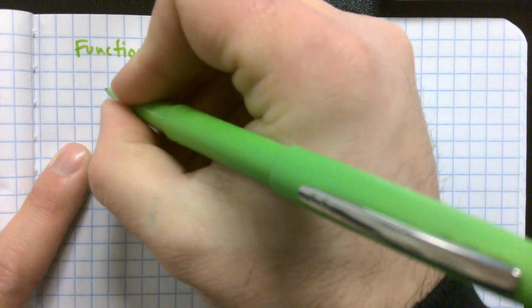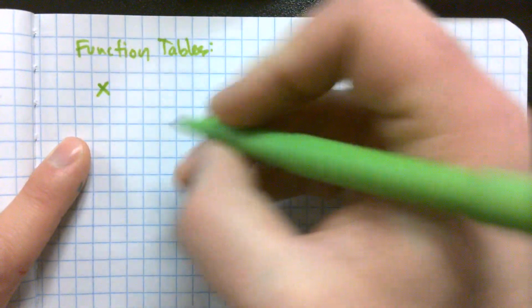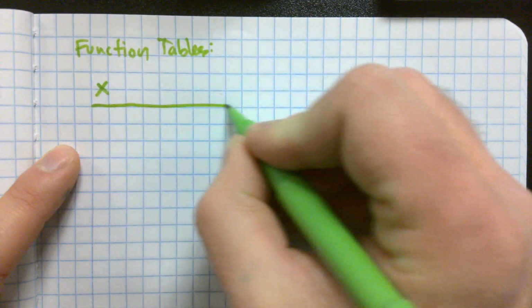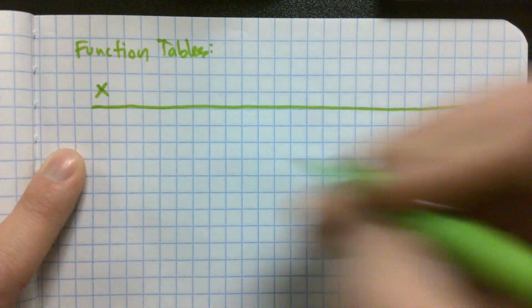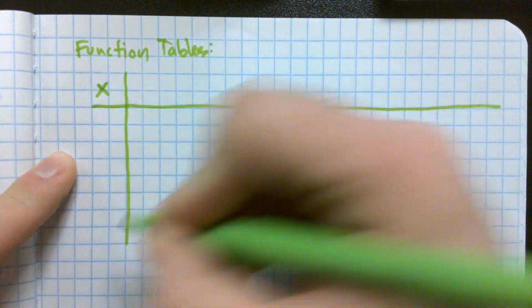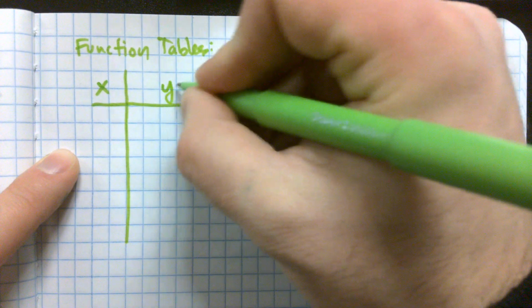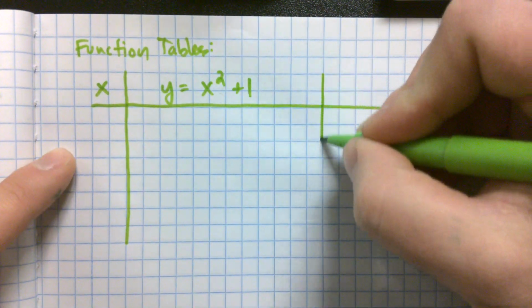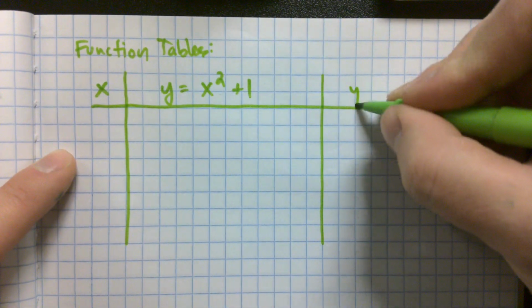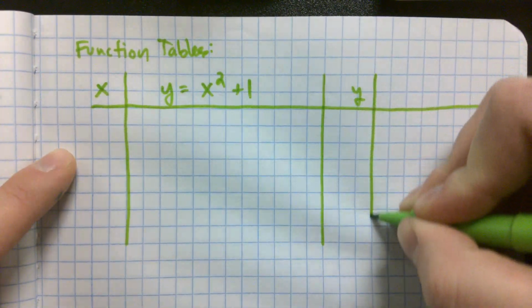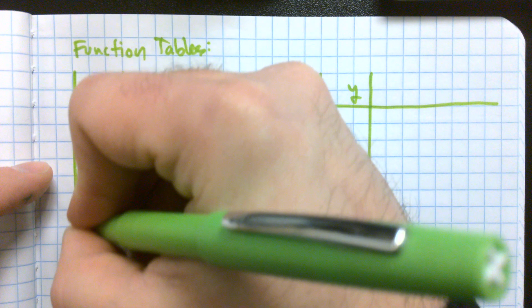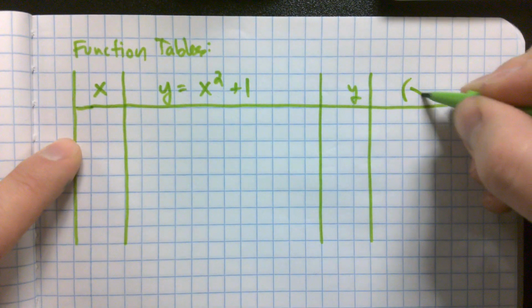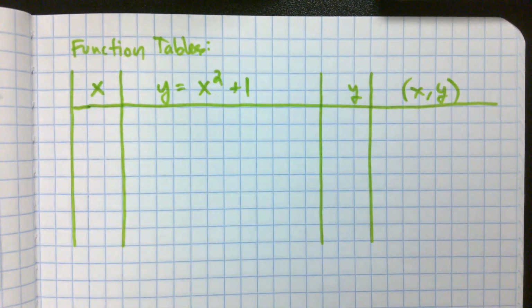Let's say I've got a function table, we got my x column, I've got y is equal to x squared plus 1 as my function. Got my y column. And x comma y. There's my solution.